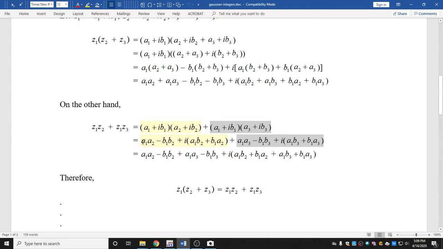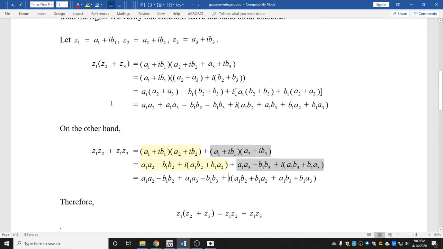Now you have a complex number plus another complex number. So the rule is you add the real parts, so there's the real parts, plus the imaginary parts, you add them up, times i. Notice that the result for z1 z2 plus z1 z3 is the same as the result for z1 times the quantity (z2 plus z3).